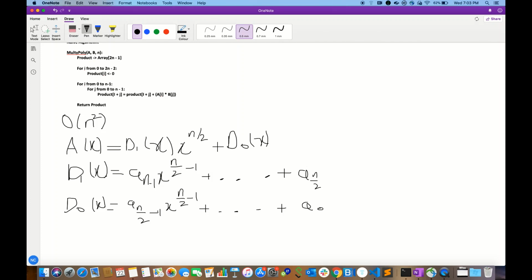So we have two parallel subproblems, the high and the low. We do the same thing for b.